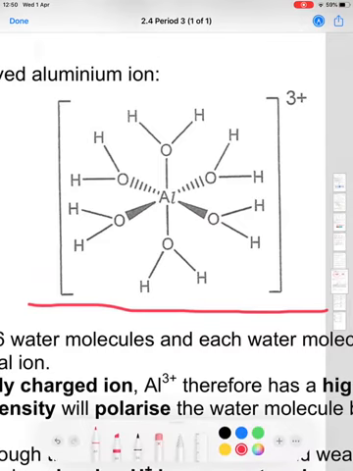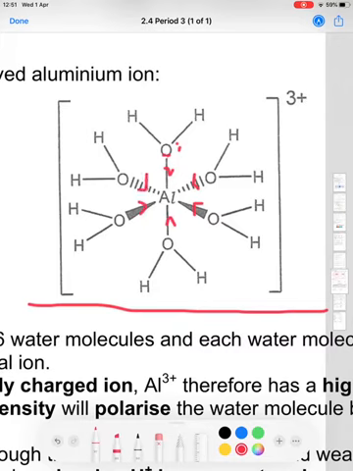If you remember, on all of the water molecules, there's 2 lone pairs on the oxygens. And one of the pairs on the oxygen in water forms a dative covalent bond with the aluminium ion. Okay, and of course that's going to happen with all of these as we go around here. So there's a dative covalent bond.